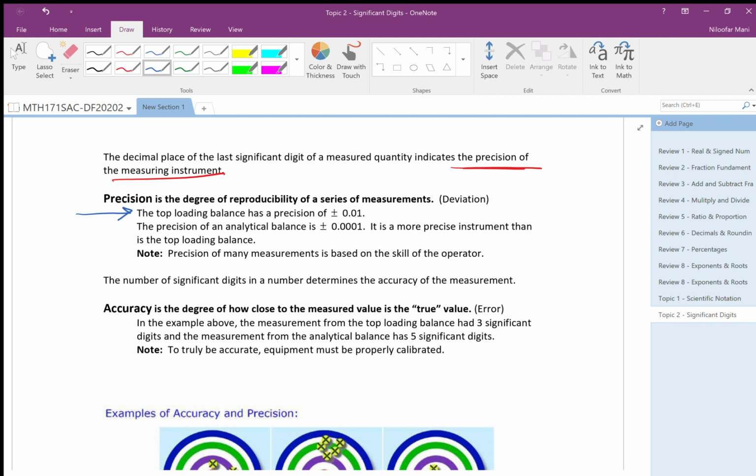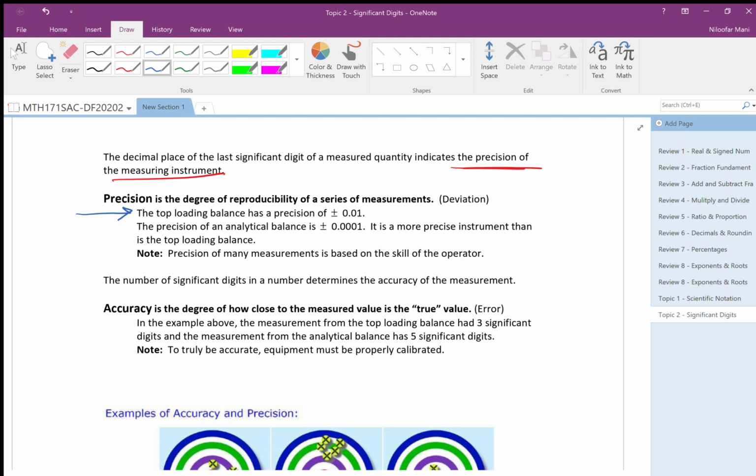That's the accurate value, the true value, the actual value. How close the measured value is to the actual value is accuracy. Accuracy is the degree to which the measured value is close to the true value.